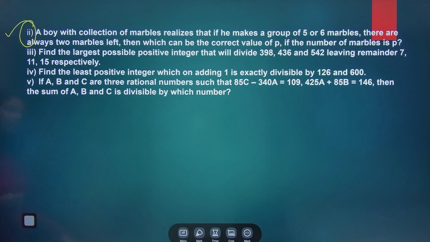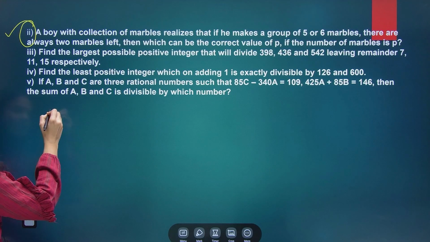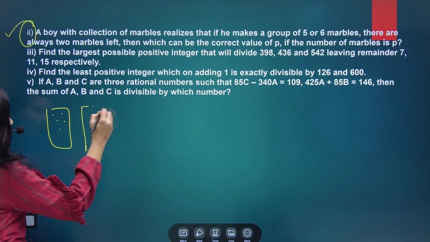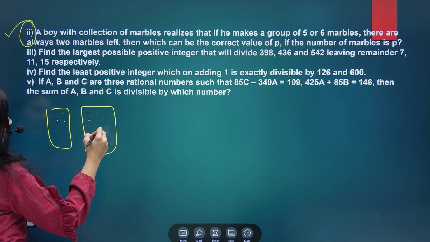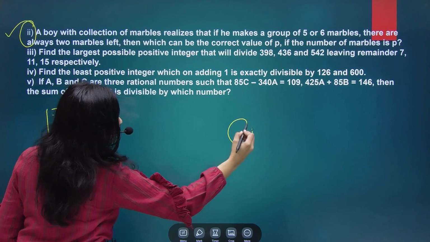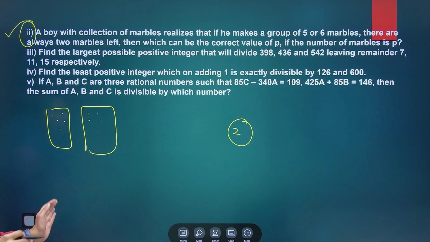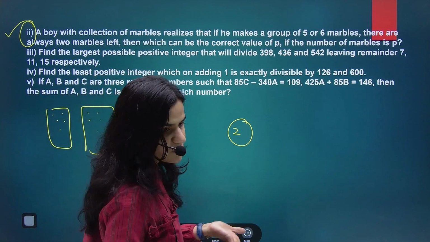Now, 5 और 6 marbles लेता है तो ग्रुप बनाता है, ऐसे 5 marbles का ग्रुप बनाता है. कभी भी ग्रुप बनाता है तो always we are left with 2 marbles. अगर ग्रुपिंग 6 में भी करता है तो हमें तब भी 2 marbles बचते हैं.